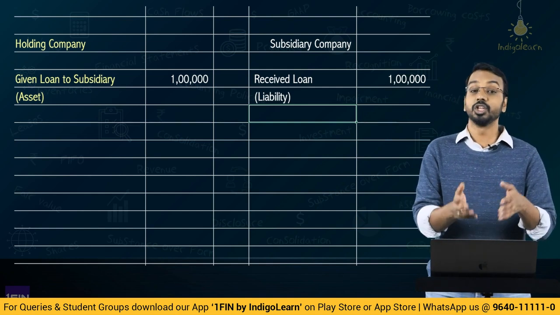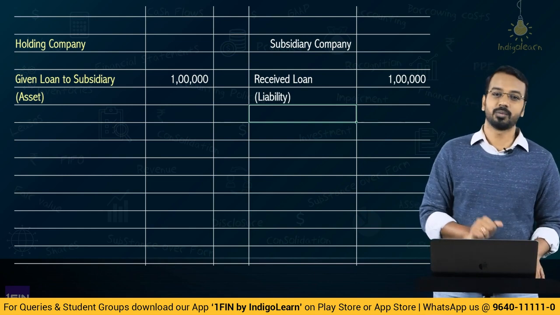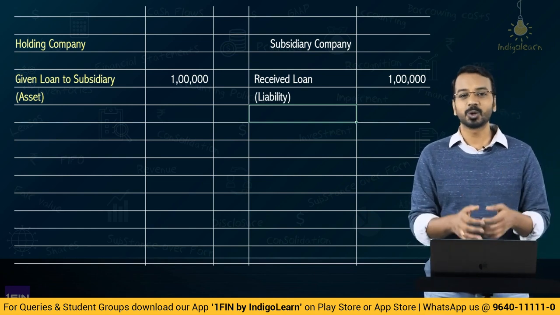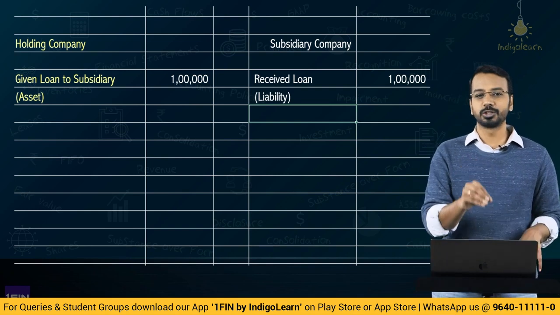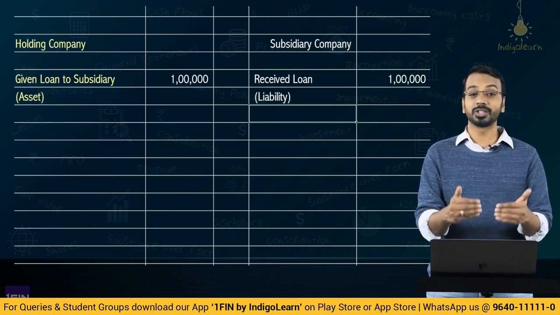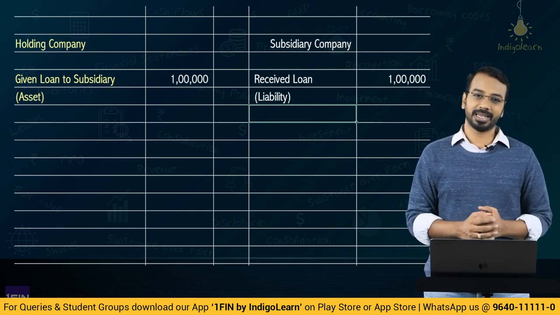From the asset side, you will remove that 1 lakh of loan receivable. From the liability side also, you will remove that 1 lakh of loan. So, net in the consolidated financial statements, you will show this amount as 0, right? That is the logic of consolidating intra-group transactions, that is, within the group transactions.